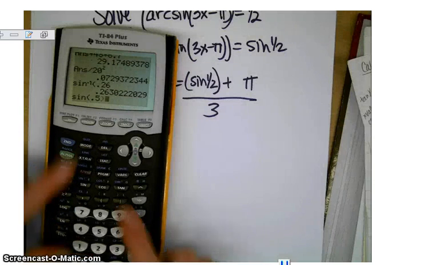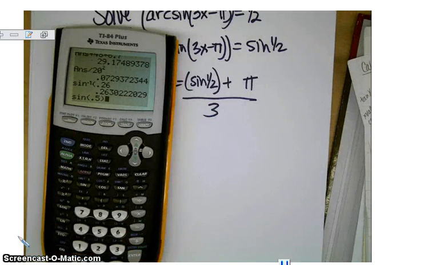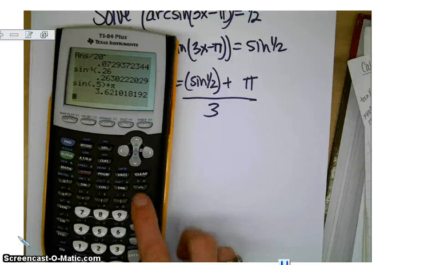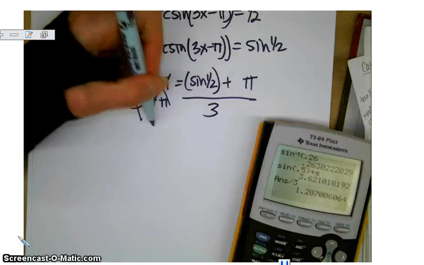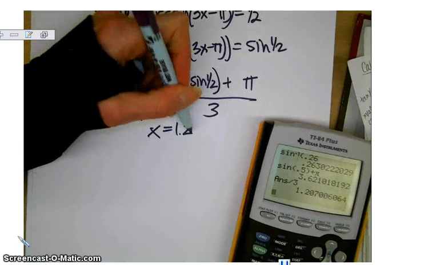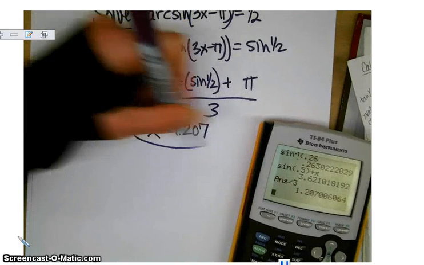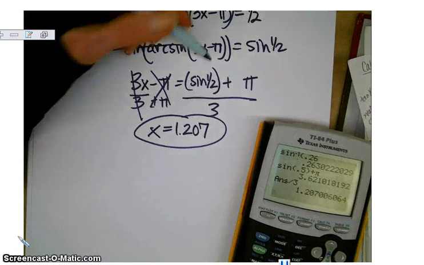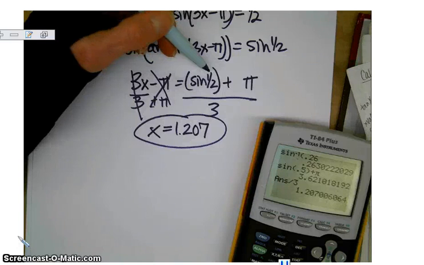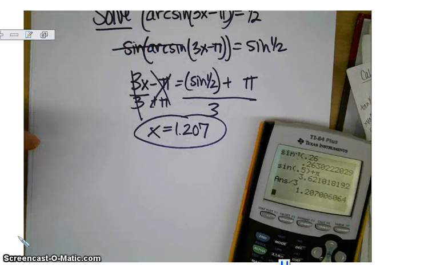I'm going to end the parentheses, because that's the only thing I need to find the sine of, plus pi. Find out what that equals, and then divide that by 3, and I get that x is equal to 1.207. Just make sure you're in radians, because you're finding the sine of 1/2 being a radian measure of an angle.